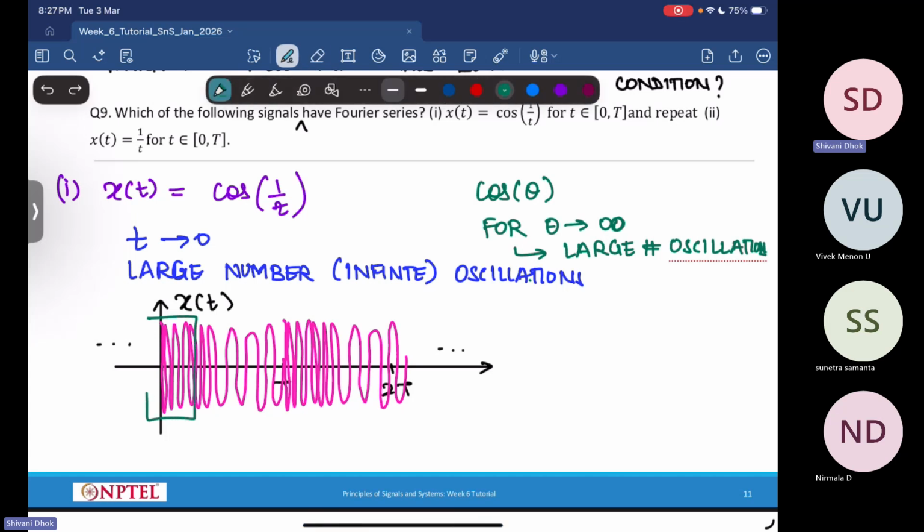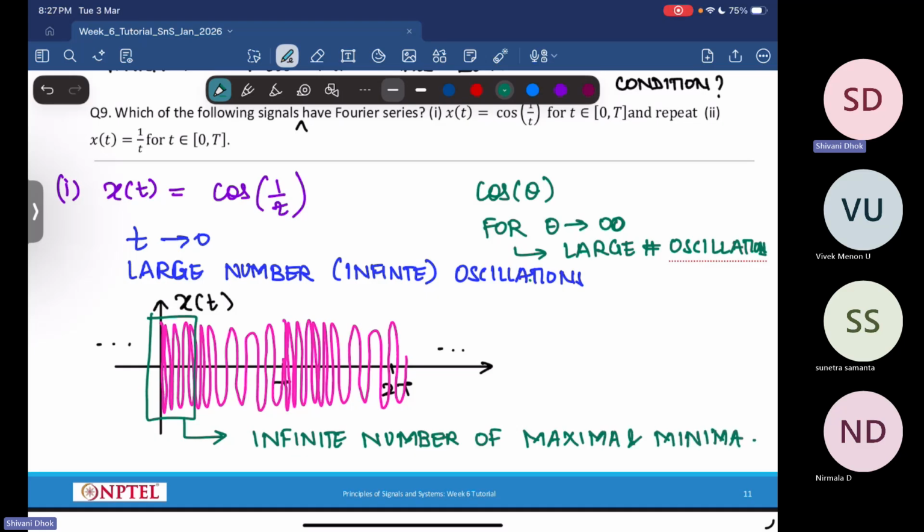If you just focus on this part, here you have an infinite number of maxima and minima. So this does not follow the Dirichlet condition.